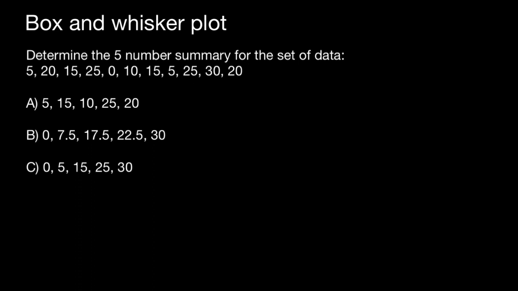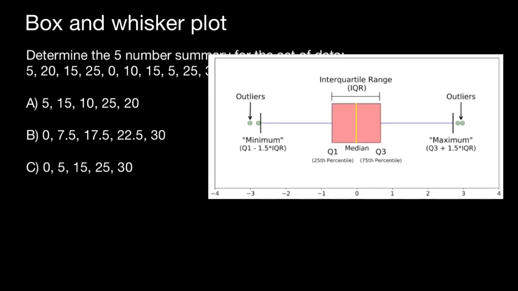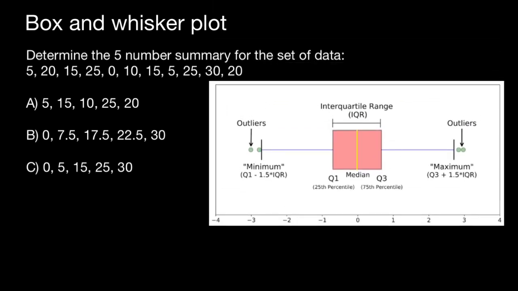Our first step is to put this list of numbers in ascending order. The minimum here is 0, so let's put 0 here. Next we have 5, and another 5, so 0, 5, 5. Next we have 10, only one 10.